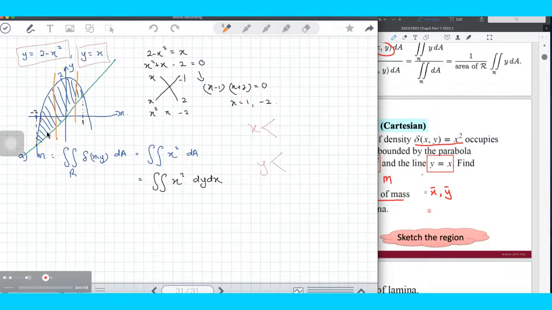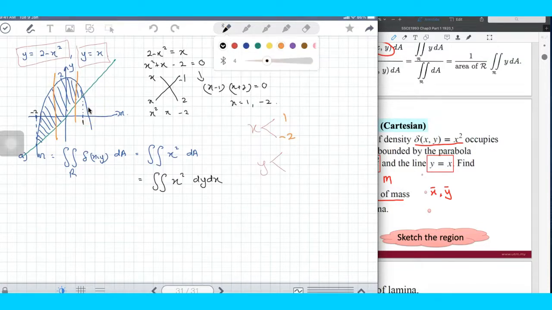If you can see they are different, then you have to split the region. So in this case, let's say we want to have the vertical line like this. You can see the orange line is lying between minus 2 and 1, right? That is for x. So you have minus 2 to 1.